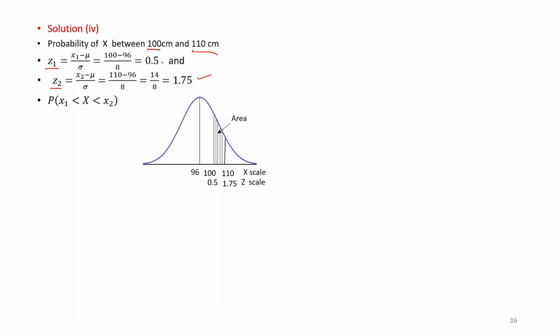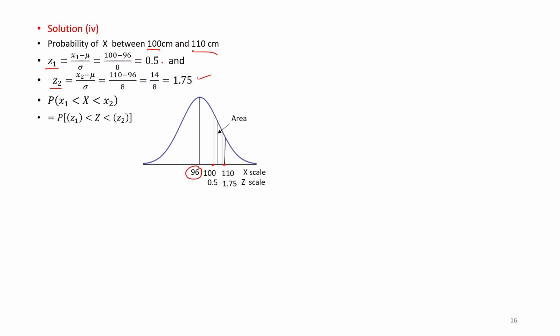So best thing will be always now for such kind of problems, first draw the curve. Write down where the mean is on the x scale. And then also write down what are the two values in this case. So write where 100 will come and where 110 is going to come. Both are coming on the right hand side of the mean.